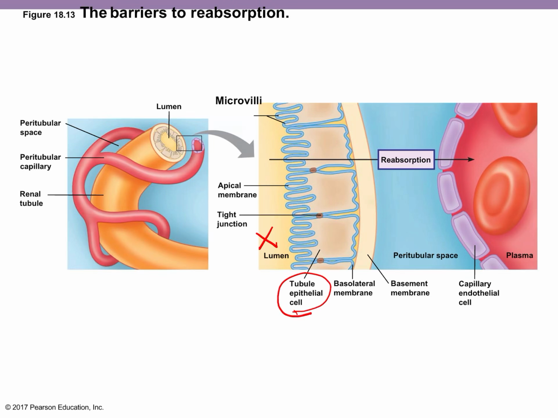So what are the barriers to reabsorption? If you're a molecule in the lumen here, we're going to move across the epithelial cells of the tubule itself. Then we have to consider the basement membrane. And then we're going to enter into the capillary endothelium. The capillary endothelium is not as big of a barrier as the tubules are, because the capillaries are supposed to be leaky and they are supposed to allow filtration to happen or diffusion across the membrane.